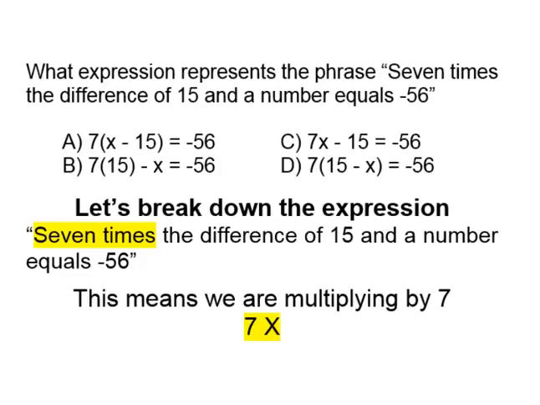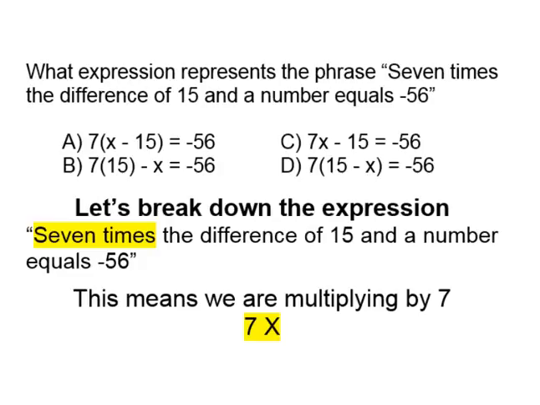This is called a variable because we don't know what the number is. Since we have 7 and then the variable, that means the 7 and the variable are multiplied together. So we have 7x minus 15 is equal to negative 56. And then D is 7 in parentheses, 15 minus x is equal to negative 56.